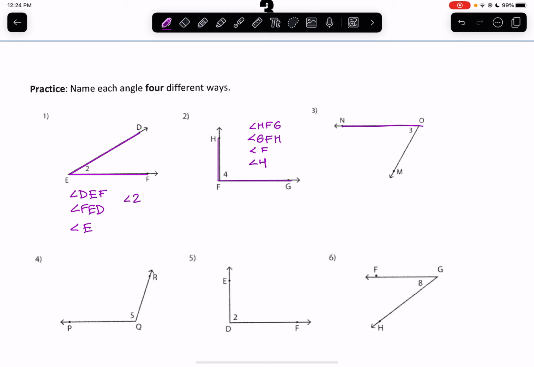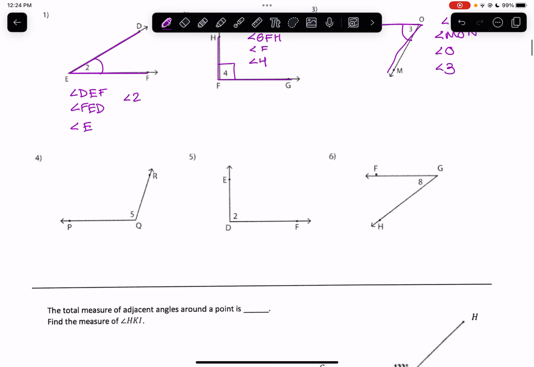Trace the path. So we start with angle NOM. Flip it for MON. Angle O. Angle 3. So again, the angle is the part in between the two rays. Trace the path, PQR. Now I could go the opposite way for RQP, angle Q for just the vertex, angle 5.